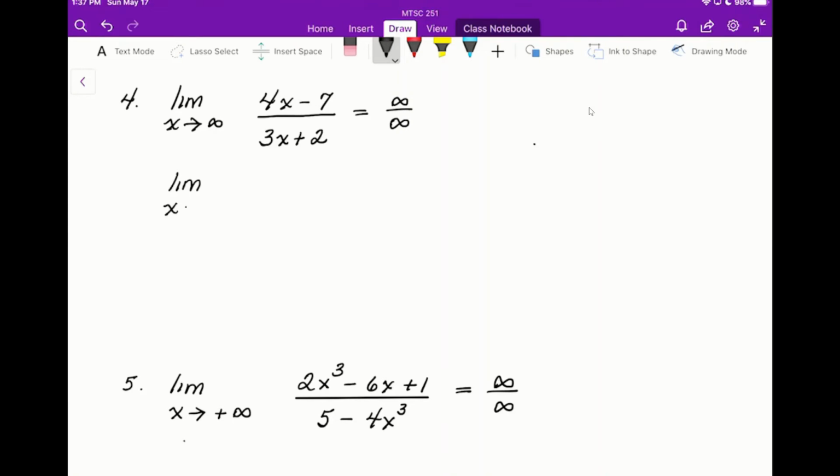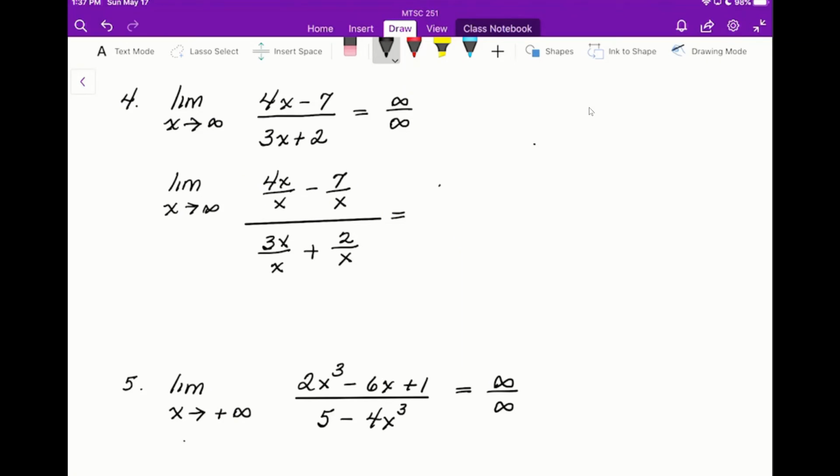So therefore, we're going to get the limit as x approaches infinity of 4x divided by x minus 7 divided by x, all over 3x divided by x plus 2 divided by x.